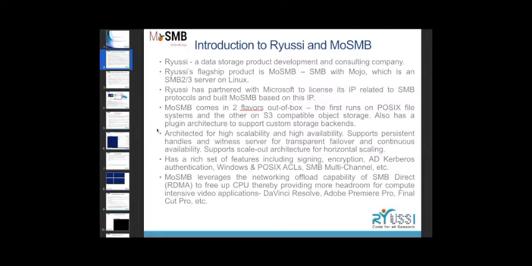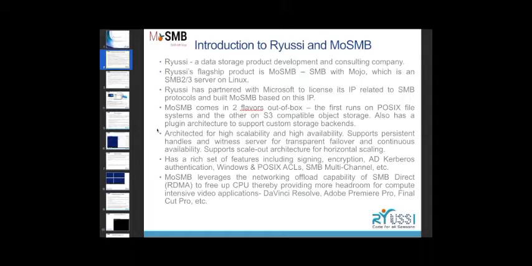We also have a plugin architecture to support custom storage backends with proprietary interfaces, and we can also have all of these different plugins coexist on the same server. So you could have one share based on POSIX file system, the other on S3 object storage, and the third one could be based on some proprietary storage, and you could easily move files across these different shares by just dragging and dropping them.